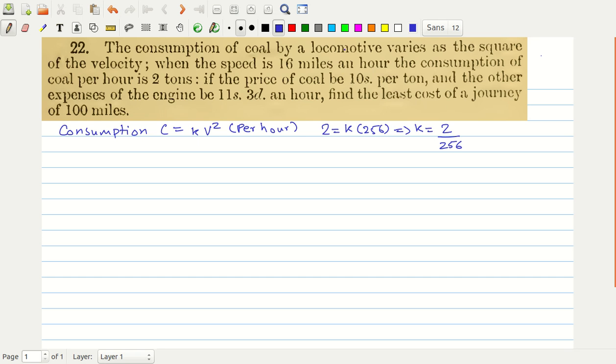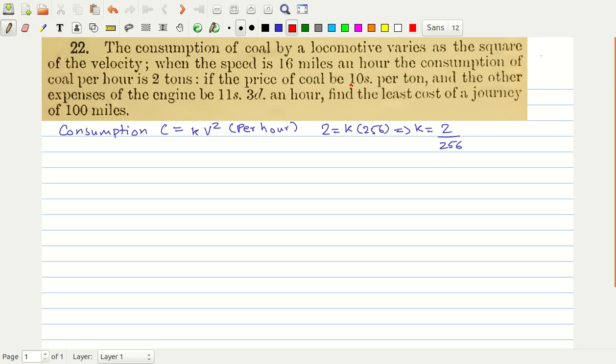Now before we proceed in this problem, because this is a very old book, over 100 years old, they are using the older currency system of Britain. So I don't want to confuse you.